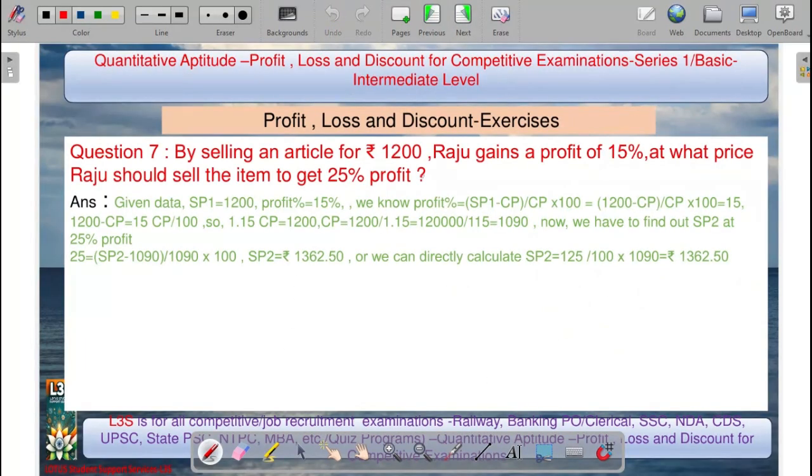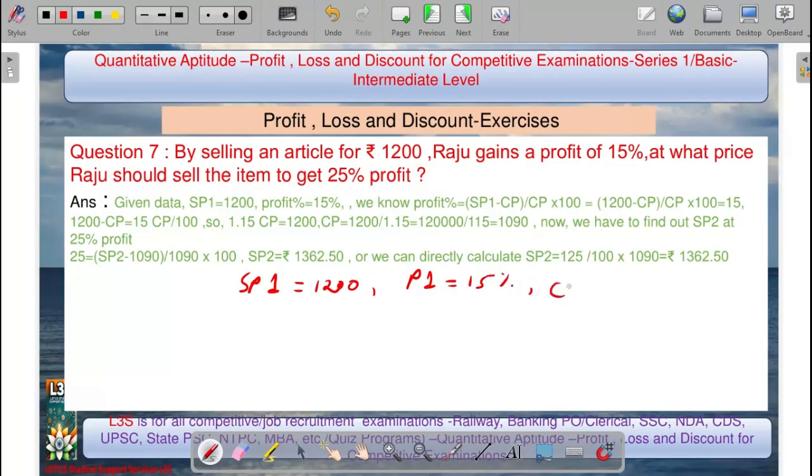By selling an article for rupees 1200, Raju gains a profit of 15%. At what price should Raju sell the item to get 25% profit? So SP1 is 1200, then profit 1 is 15%.